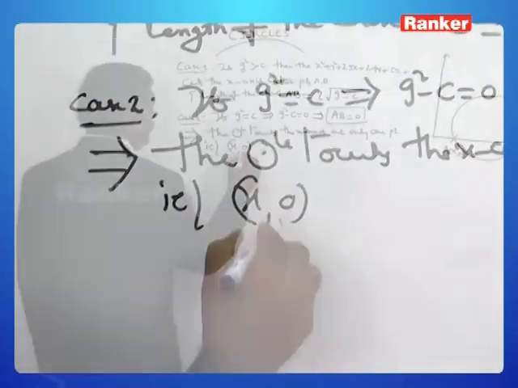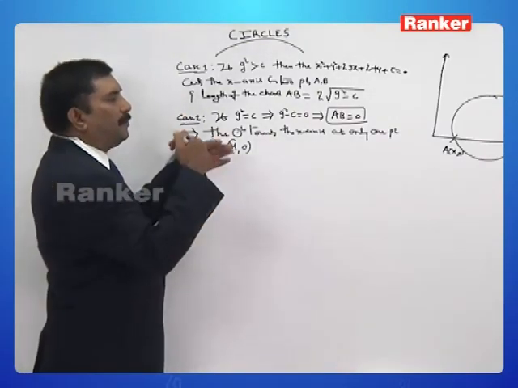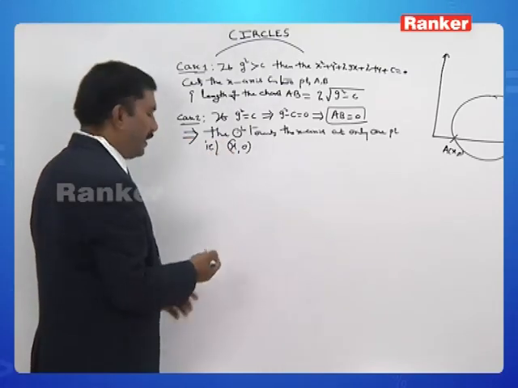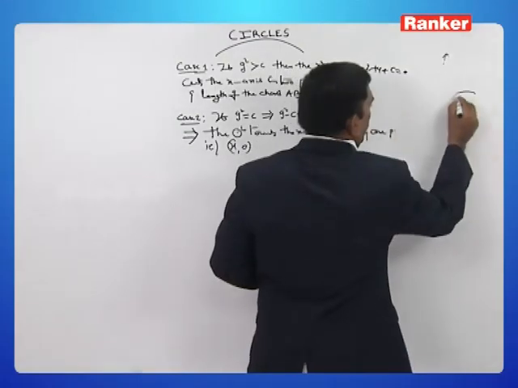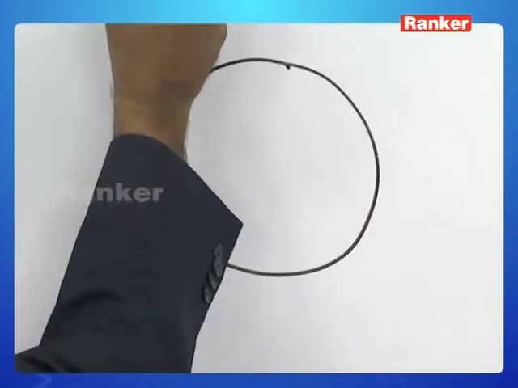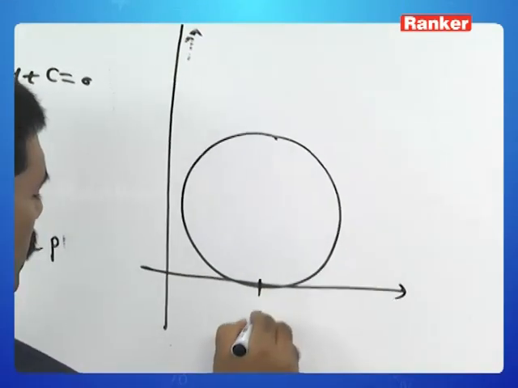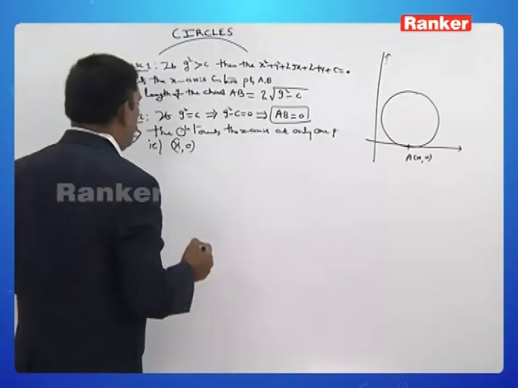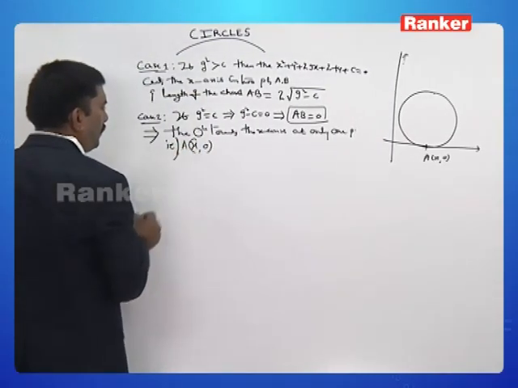Here x1 becomes equal to x2 because they become coincident, meaning the line touches at the coincident point. So now it touches at only one point, that is x1 comma 0.